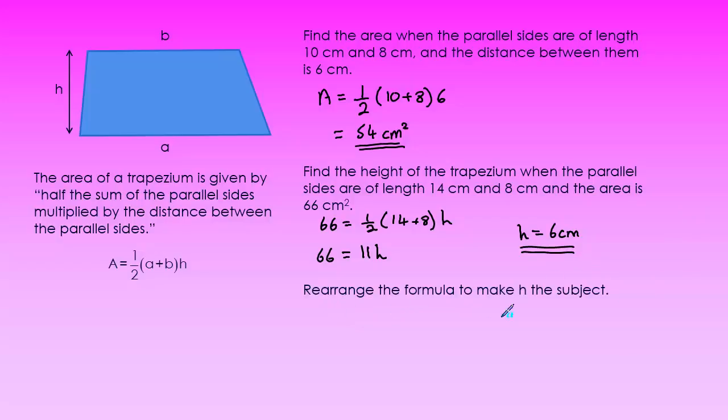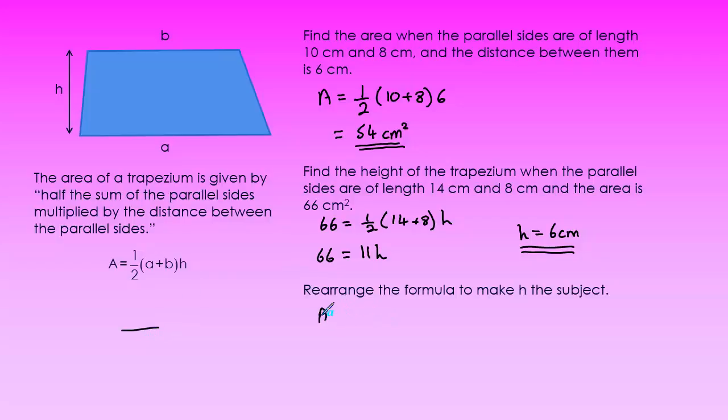We now want to rearrange the formula to make h the subject. Now there's more than one way of doing this, but the sort of thing that we must avoid is a fraction with a fraction in either the numerator or the denominator.